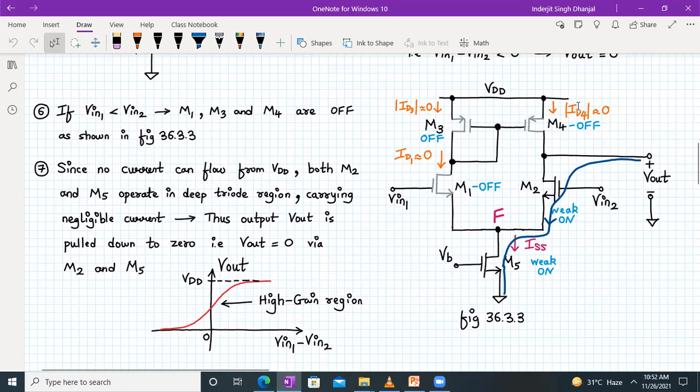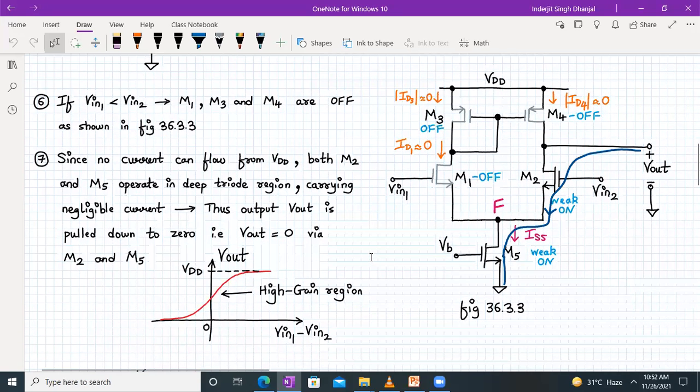So it's a high impedance state over here because the current is 0. Now, since M2 and M5 are in the weak on state, the output will be pulled down to 0 via the M2 and M5 transistors, as shown by this blue colored path over here. Your output will be pulled down towards logic 0, that is 0 volts.